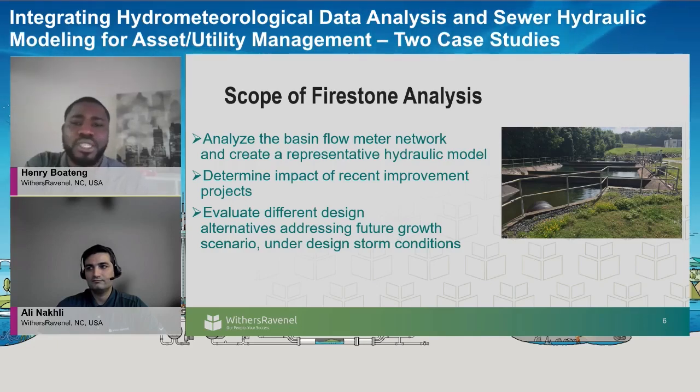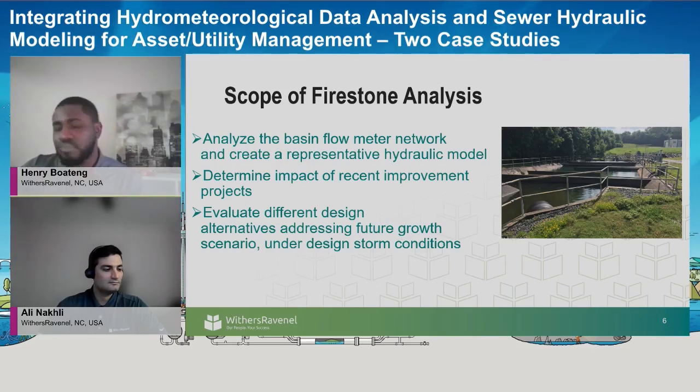Are we actually checking to see how these numerous projects are positively affecting our system? Are we actually solving the problems that they were designed to solve? Because a lot of the time there are no checks and balances after we do this project. And we would also take a look at a design alternative to solve some of these problems that the city is facing.